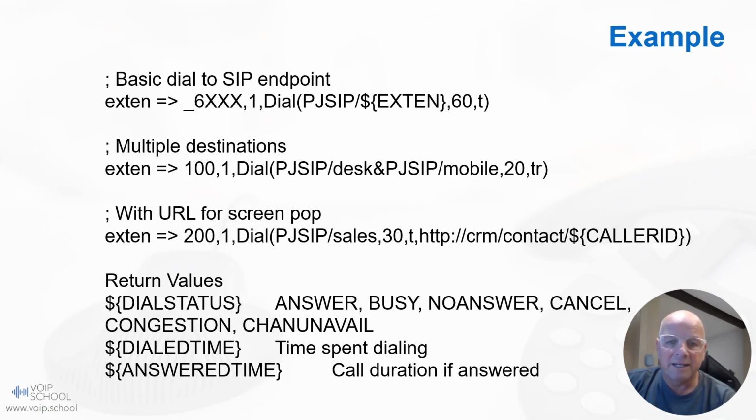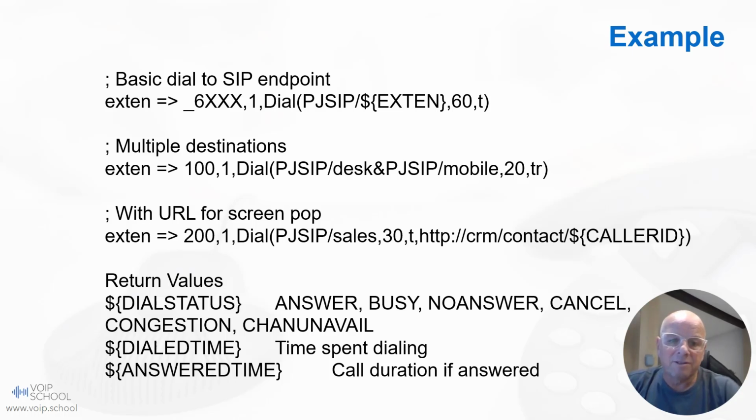Both will ring at the same time, right? Here we're using 20 as a timeout, and we are allowing transfers, and we are going to generate a fake ring. With URL, we can send a URL to the phone to display something on the phone's screen. Some phones support it, some phones don't support it.